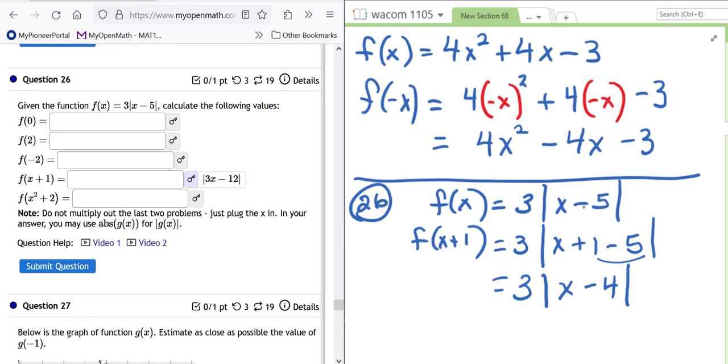That is not correct. What they're saying for the answer. Let me make a note about that. We'll enter this answer because you don't know what x is. You don't know what it is. You can't distribute that 3 into an absolute value.